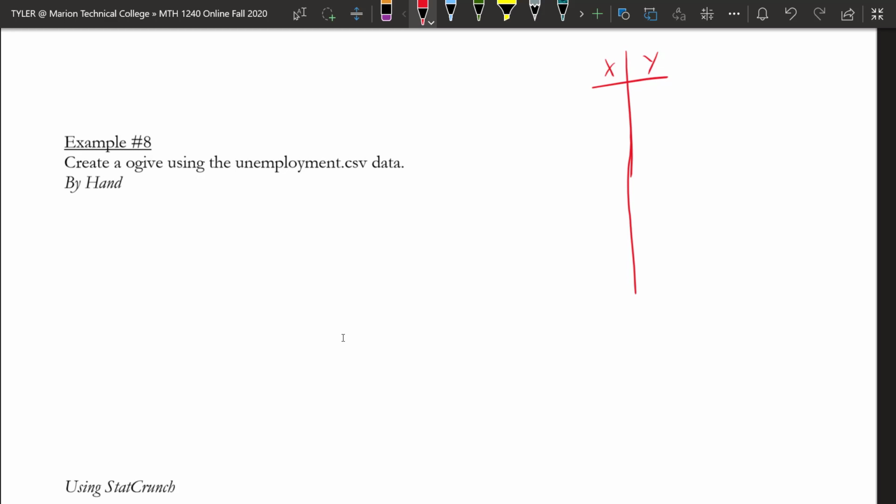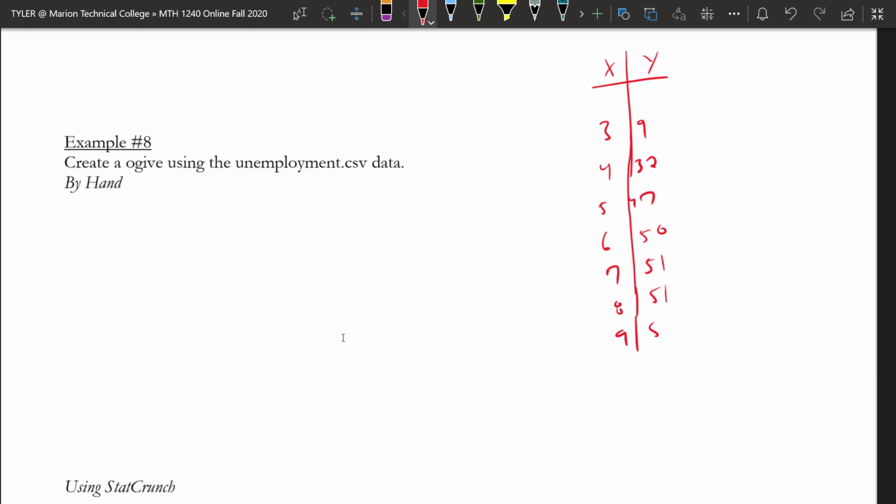So it would be 3, 9, and then 4, 32, and then 5, 47, and then 6, 50, and then 7, 51, and then 8 would also be 51. There's no values for that.